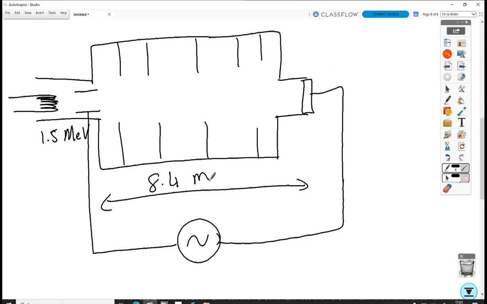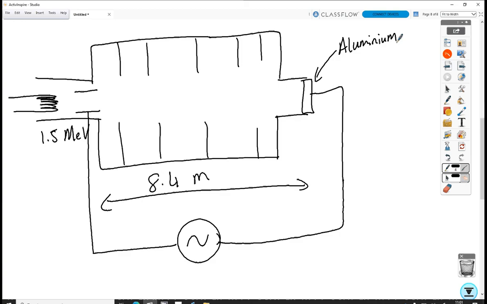And on the end here, you have an aluminium disc or plate. So what happens here? Electrons are emitted from the filament using thermionic emission. The electrons are then accelerated through the linear accelerator, the LINAC.